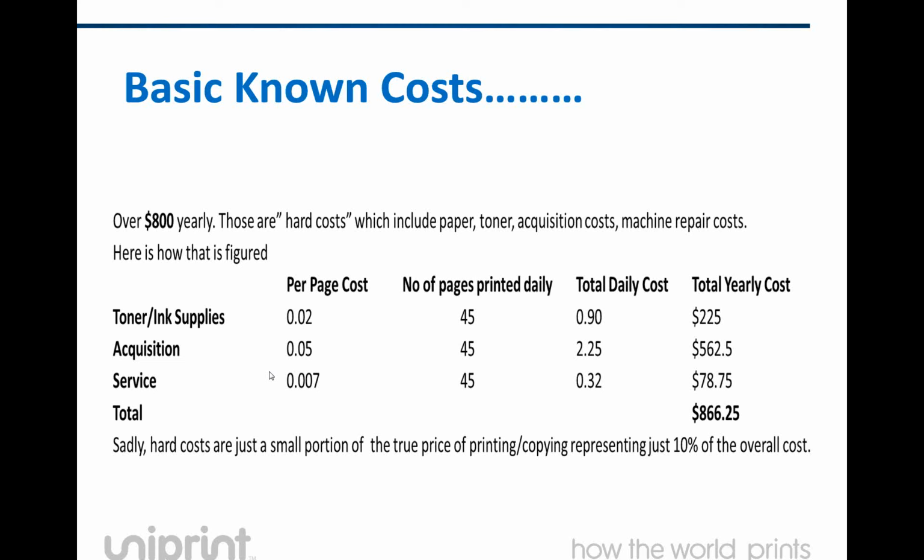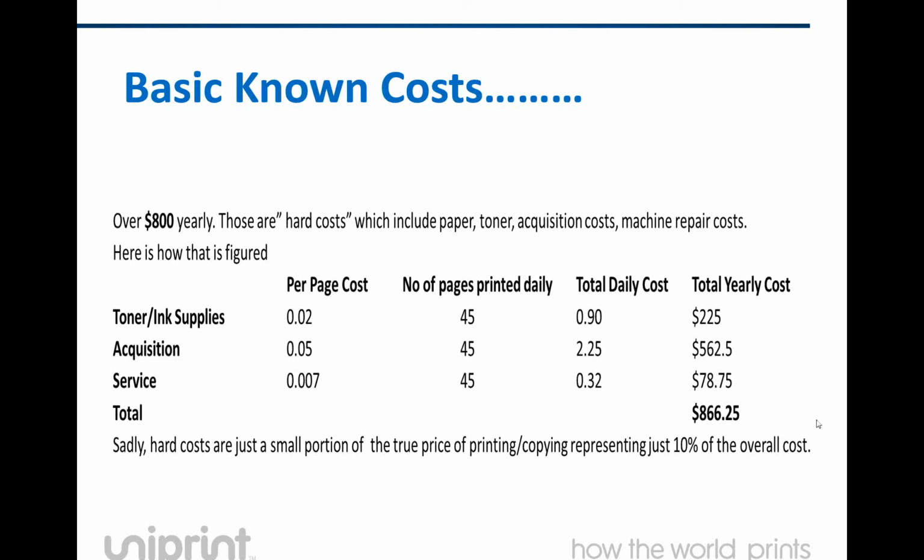If you then go to a bigger machine, it could be that your acquisition costs are higher, and therefore your toner and ink and service costs are going to be lower per capita for that machine. And you've got to take into consideration that not all machines are equal, but the overall endpoint for the hard costs have a tendency to work out as being fairly simple, because what you offset with one, you lose with another. So when you're looking at this, it's actually not about what printers you buy.